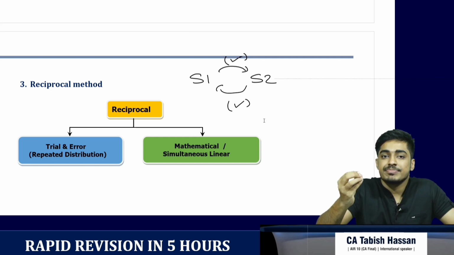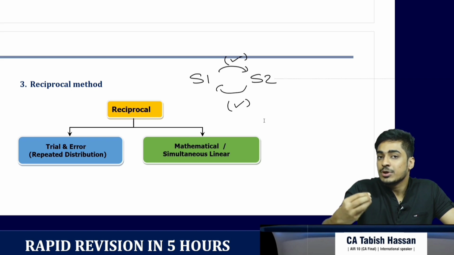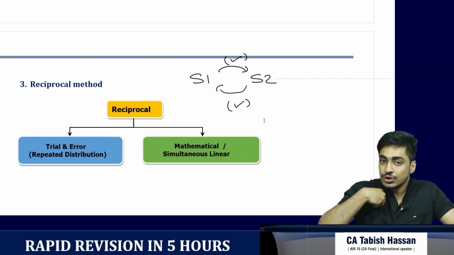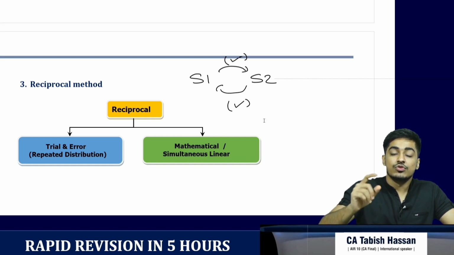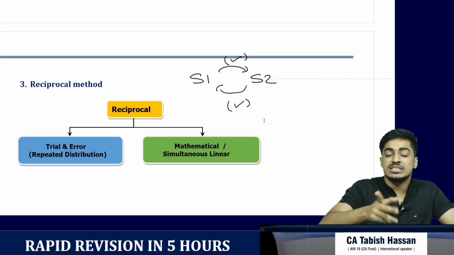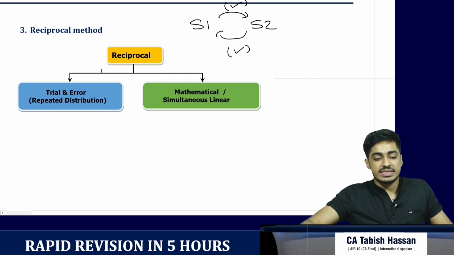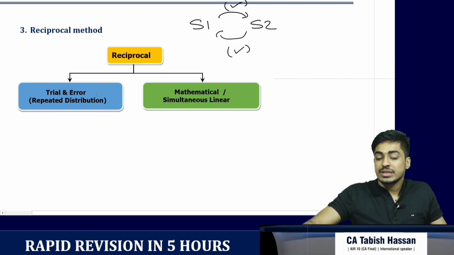Repairs and maintenance is telling, if your machines, laptops and other equipment are not working, who does the repairs and maintenance? We are doing it. So we also give service to the HR department. So both service departments provide service inter se. In such a case, what do we do? We have 2 methods. First is the trial and error method, which we also call repeated distribution. Second, we have the mathematical method.